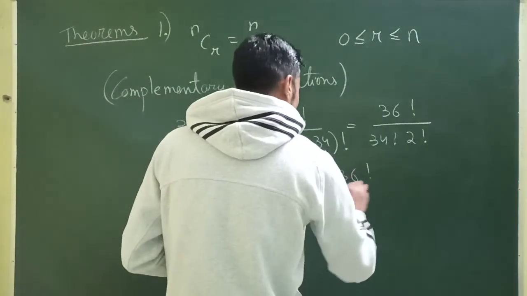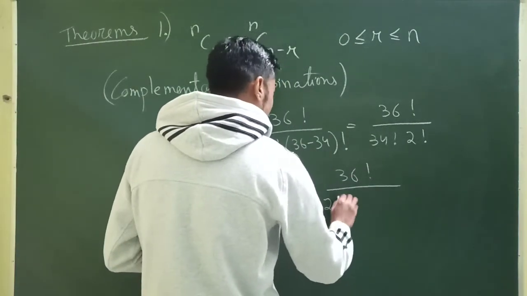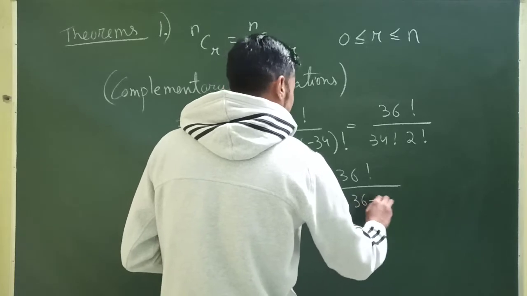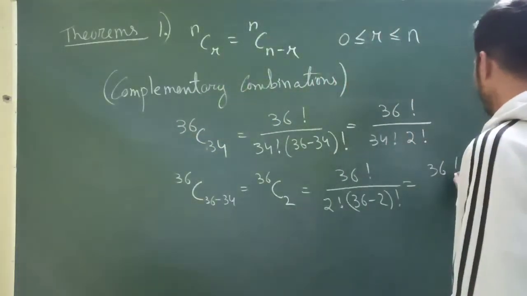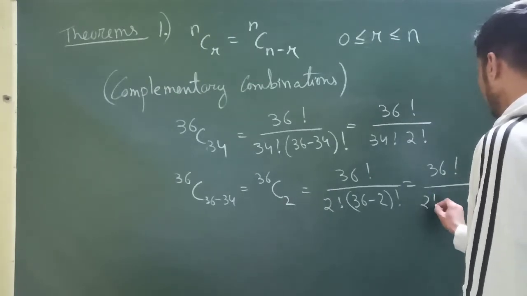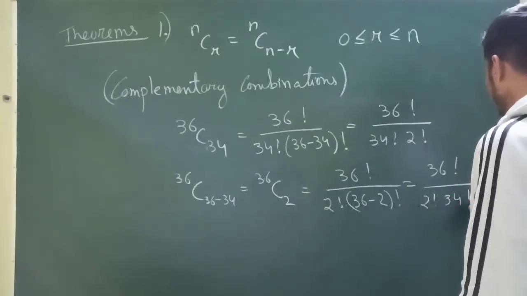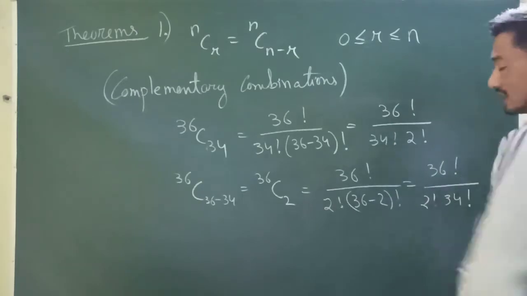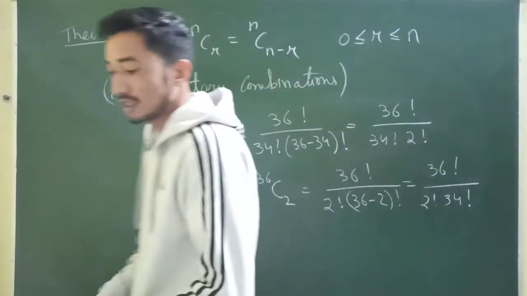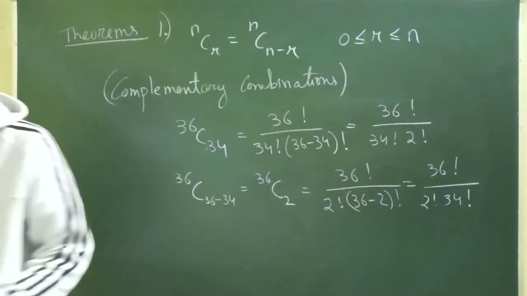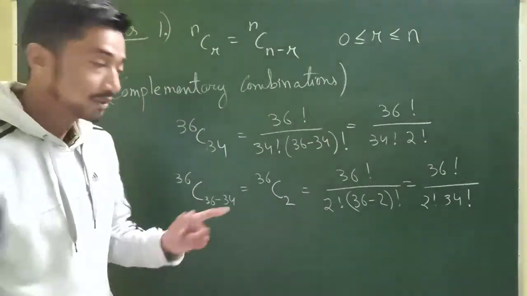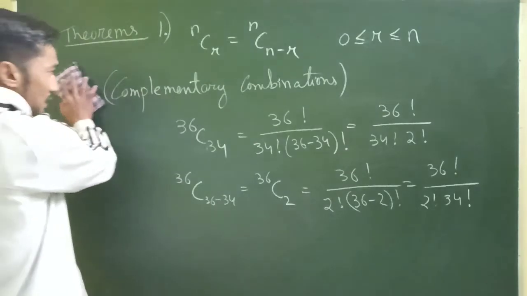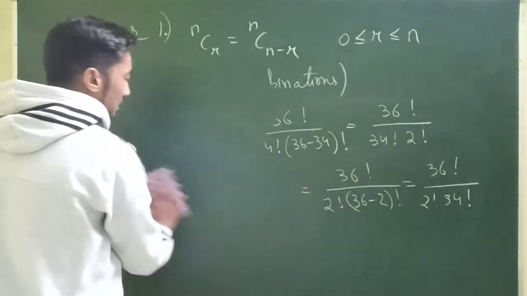For verification, you will see that this is 2 factorial, 36 minus 2 factorial, just so you will not doubt this formula. These two values are the same, which proves that the theorem is definitely valid. I hope you have noted down complementary combinations.